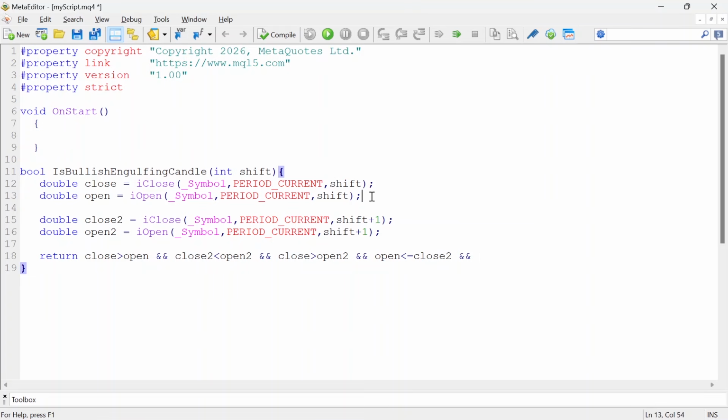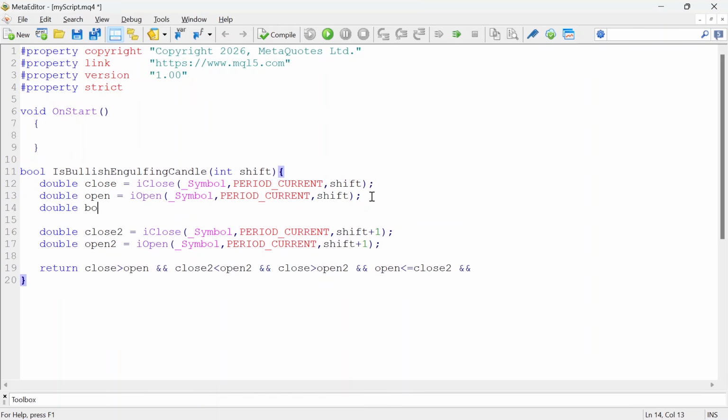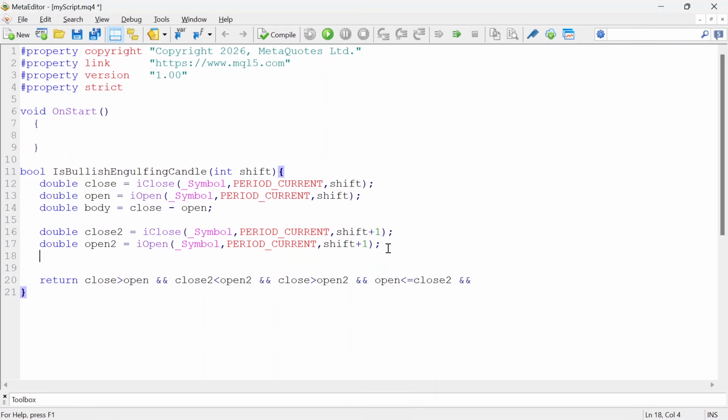So we can simply say, let's get the body. We can say body is the difference between the close and open. That is the body for the first candle. And body 2, which is the body for the candle on the left, is also the difference between the open and the close.